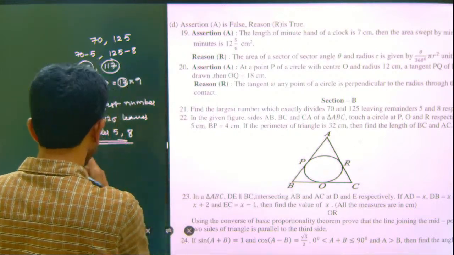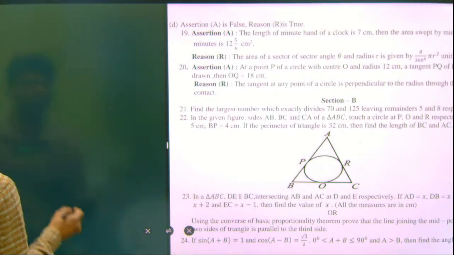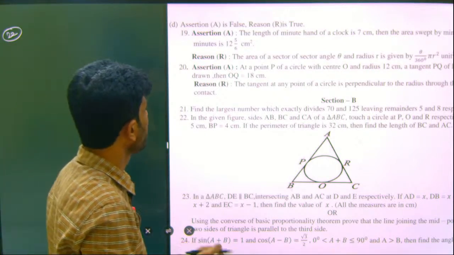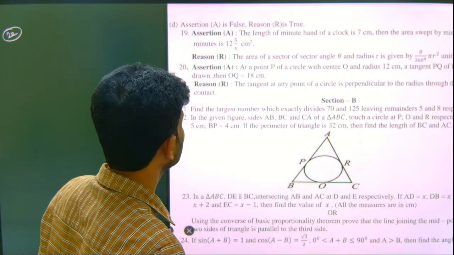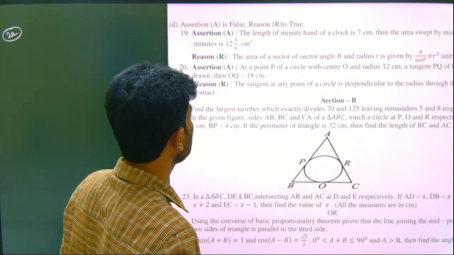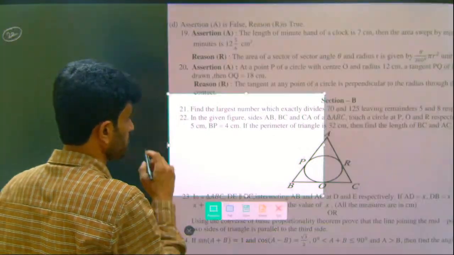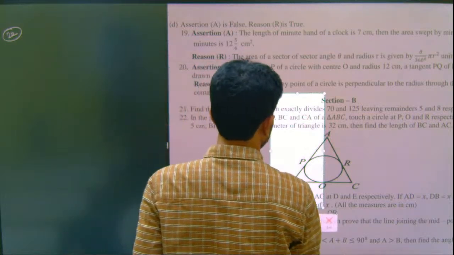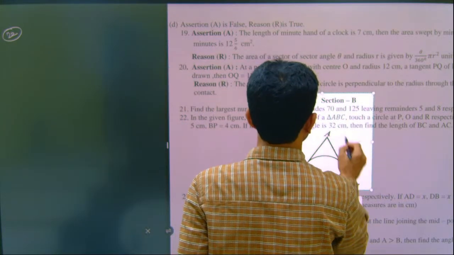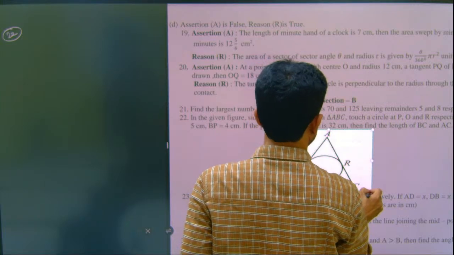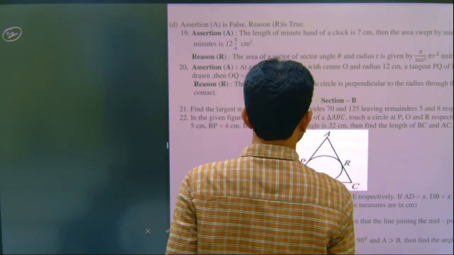Now question number 22. In question number 22, what we have to do? AB, BC, CA are the sides of the triangle ABC. Let us take that triangle here. This is from circles again.